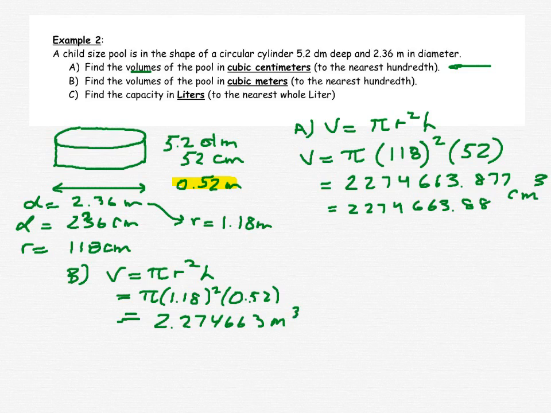So here's my question to make you think. If you had attempted to change the volume in cubic centimeters into meters, would you have gotten the right answer? Would you have known that when you change from cubic centimeters to cubic meters, you're not just dividing by 100, but you're dividing by 100 cubed, which means you're actually dividing by 1,000,000, because 100 times 100 times 100 is 1,000,000?